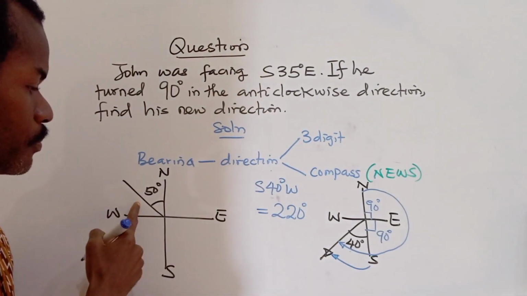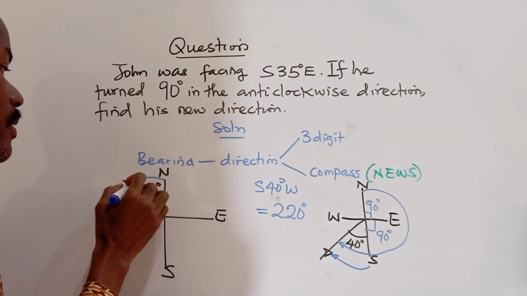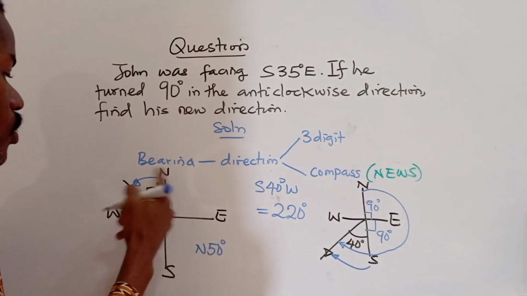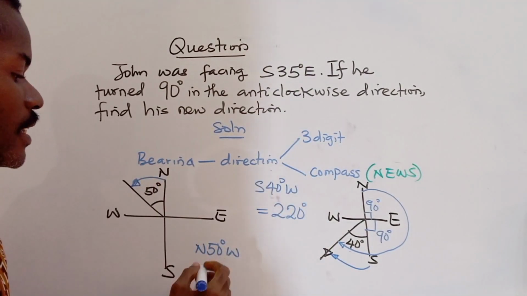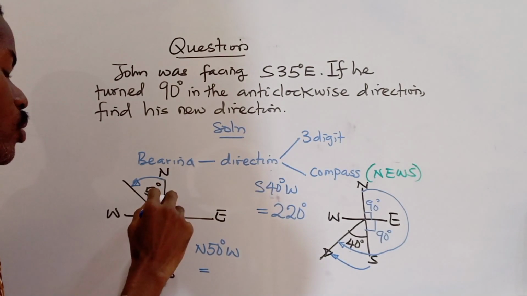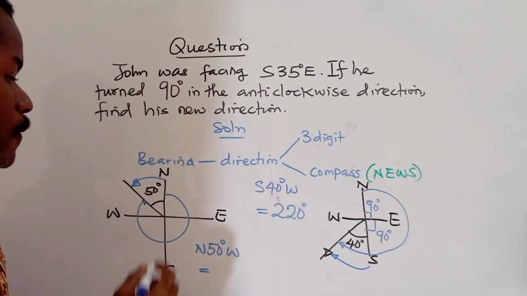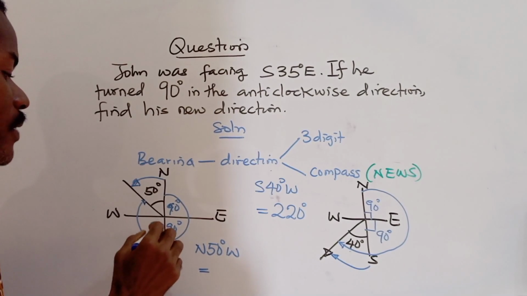Now, what about this? We are going to move from the north coming to the what? West. Okay, so we have north 50 degrees west. That becomes the compass bearing in this case. And for our 3 digits, we want to move all this way down to this point. So we have 90, 90, 90.